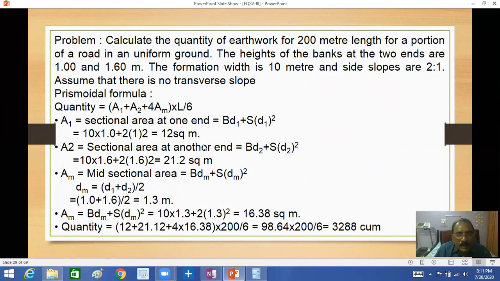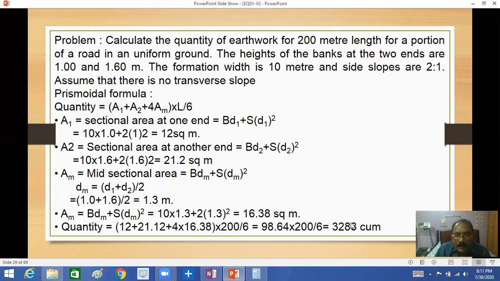So in the prismoidal formula, A1 is 12 square meters and A2 is 21.12. Then 4 into AM, the mean sectional area, that is 16.38 square meters, into length by 6.